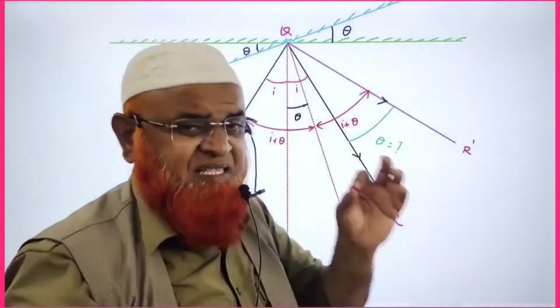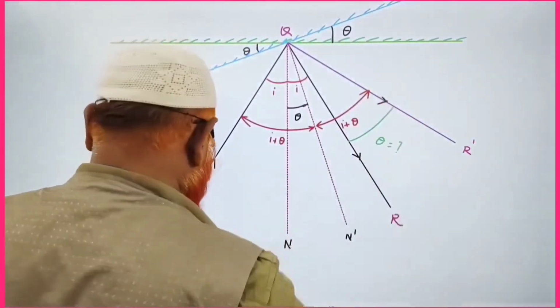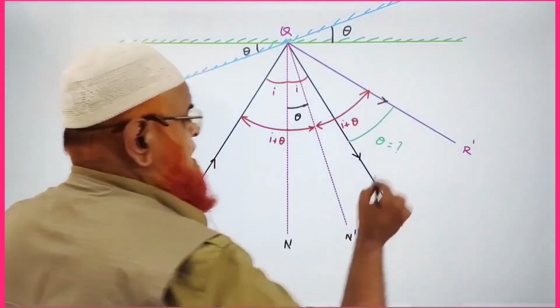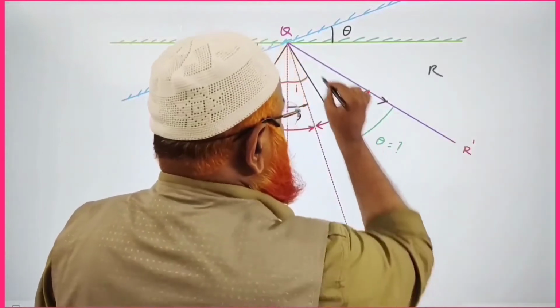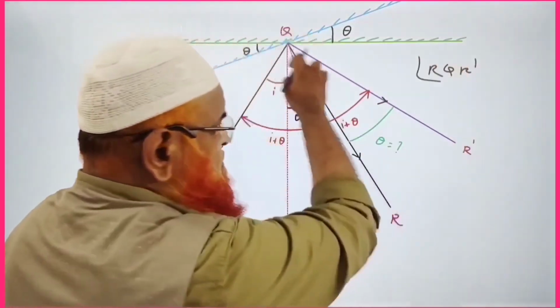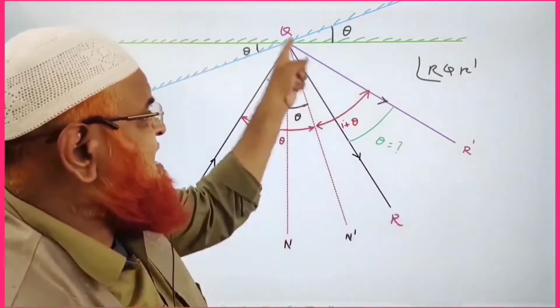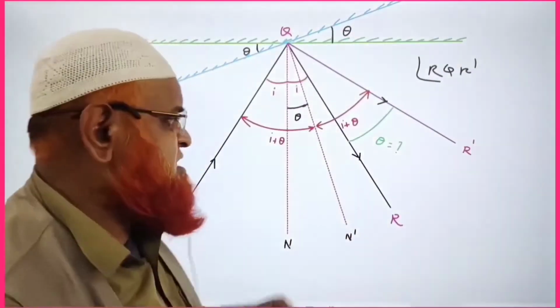And he is asking us to find out what is R Q R dash. He is asking us to find out this angle. So how are you going to find this angle R Q R dash? Very simple.